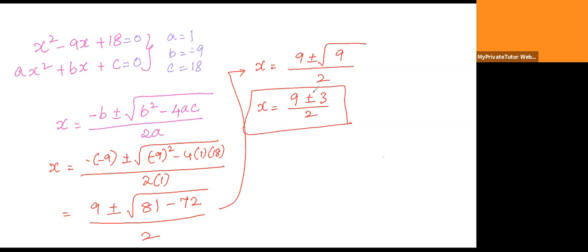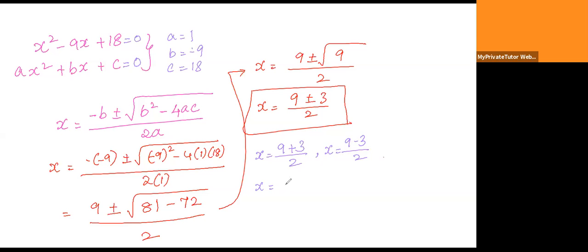So what we can do now is split this plus or minus, which is x equals 9 plus 3 by 2, and 9 minus 3 by 2. So please simplify this.